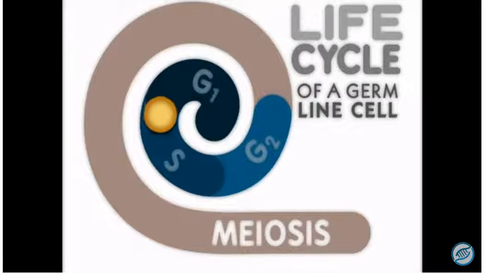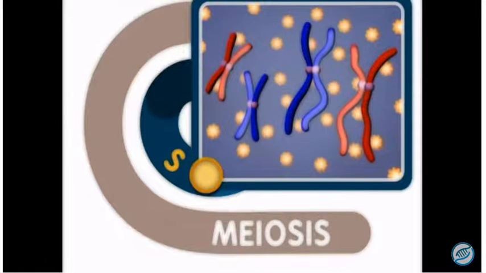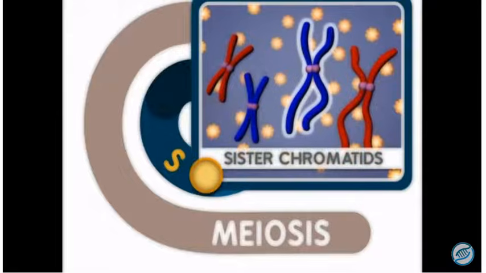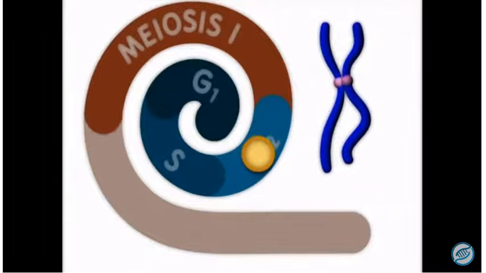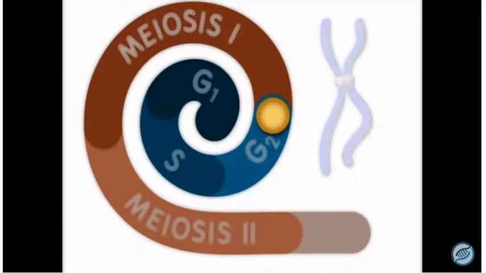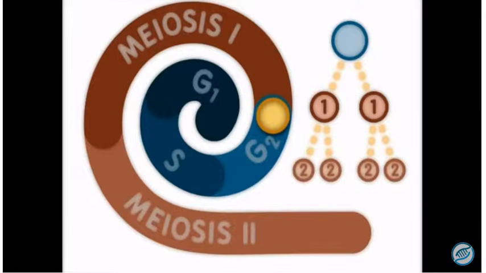The DNA inside a germline cell is duplicated before meiosis begins during the S phase. The duplicated germline chromosomes are called sister chromatids. These chromatids remain attached to each other until the second cell division event in meiosis. There are 2 cell division events during meiosis.